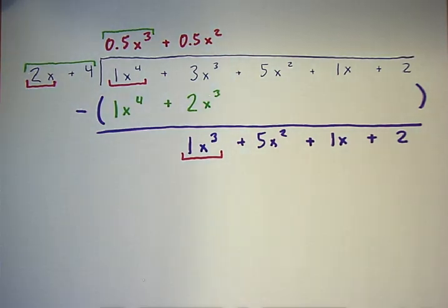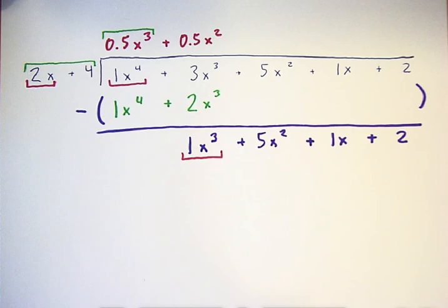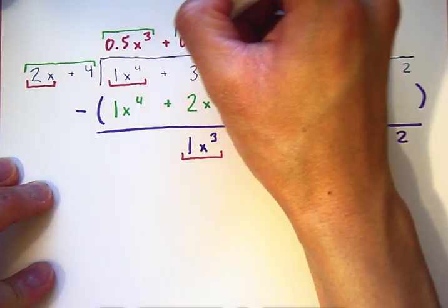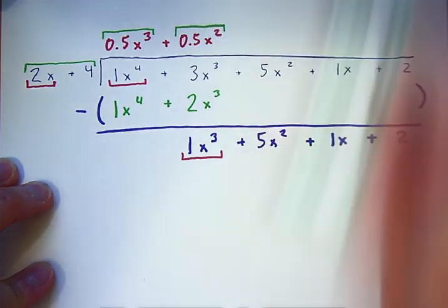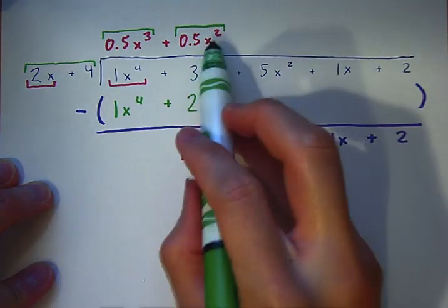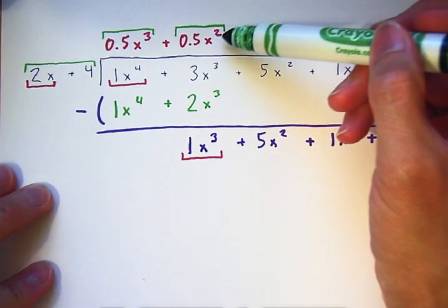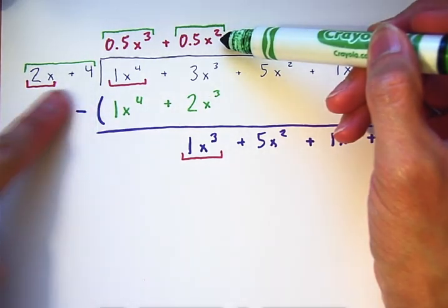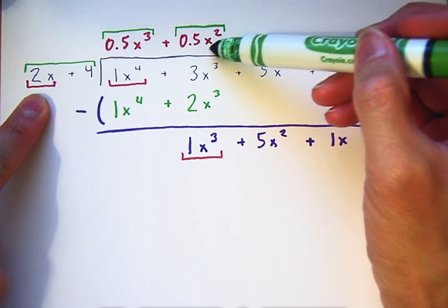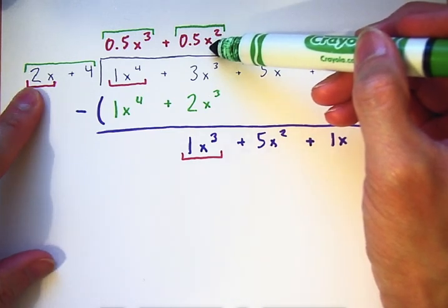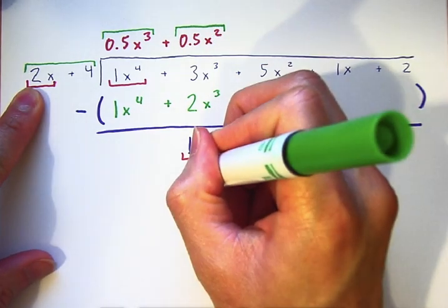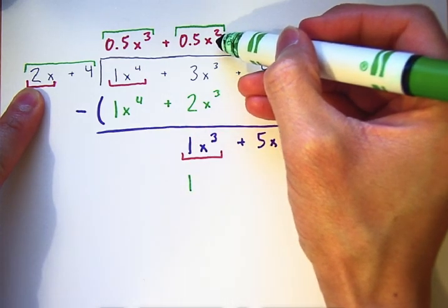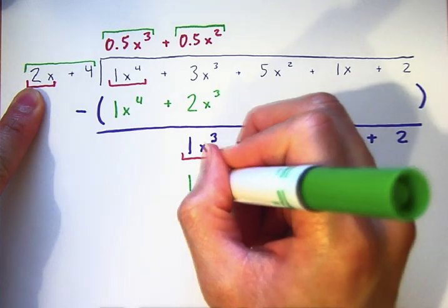So divide, then multiply. We're multiplying the last term up here, our last term in our quotient, by our entire divisor. So 0.5 times 2 is 1. x squared times x is x to the third.